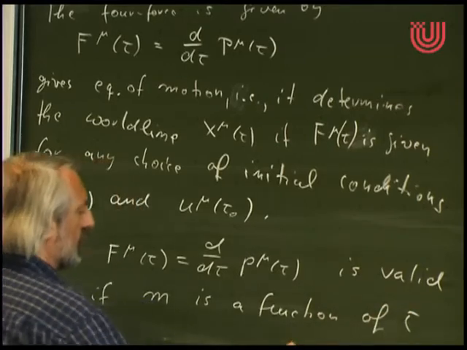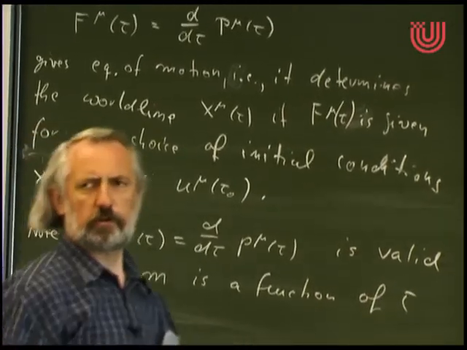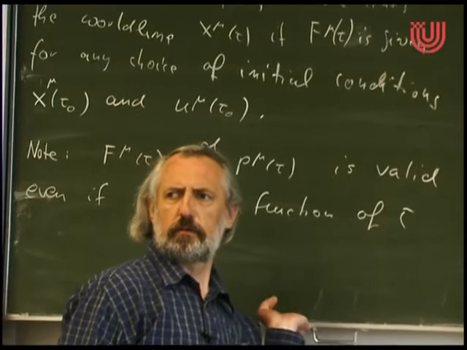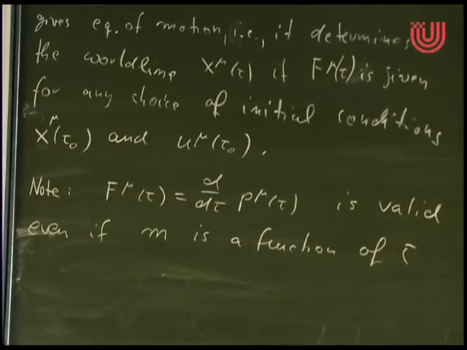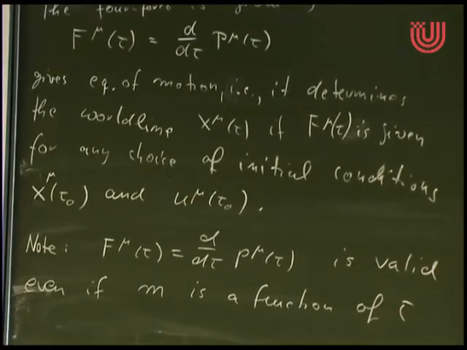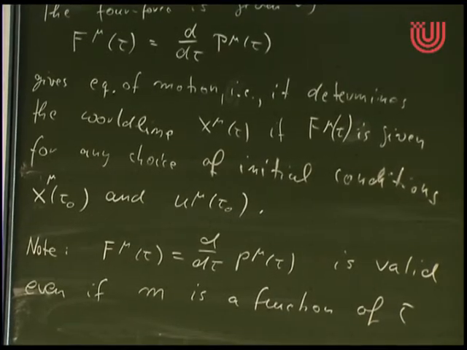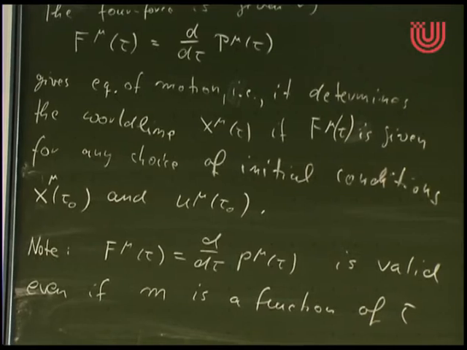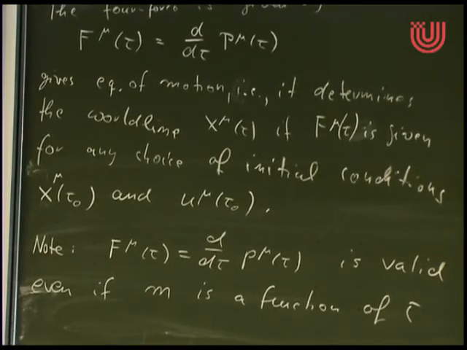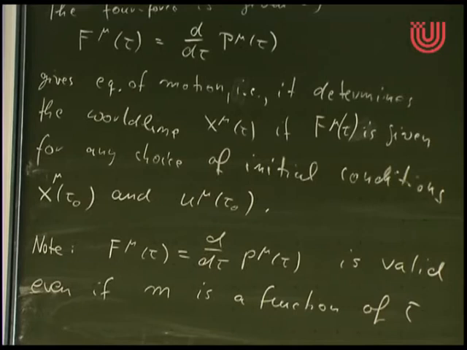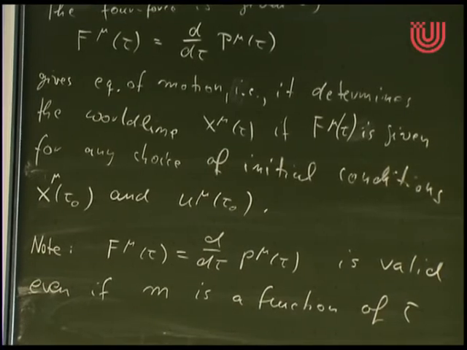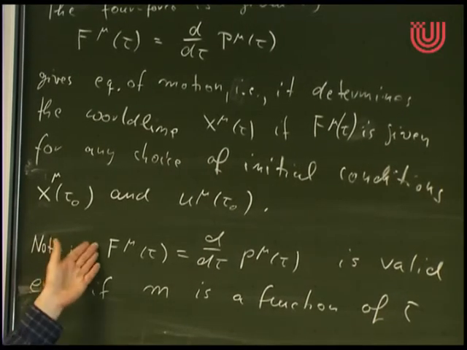Can you think of an example where a mass is a function of tau, where it is not constant? A reasonable physical object for which the m would not be a constant. Rocket? Yes, yeah. It has gas, and it loses mass in the form of exhaust gases, and for this reason the m would be a function of tau. And you can perfectly well calculate this with this equation.